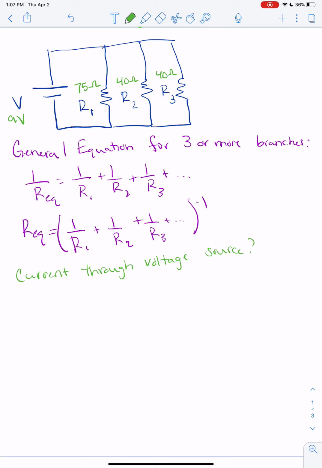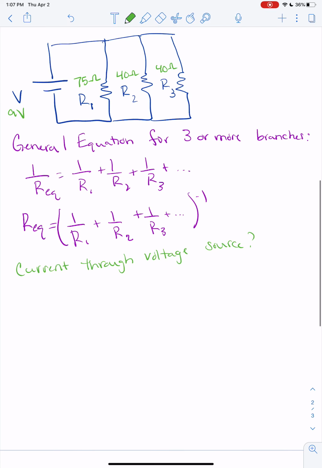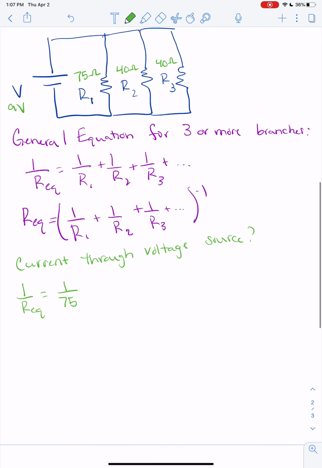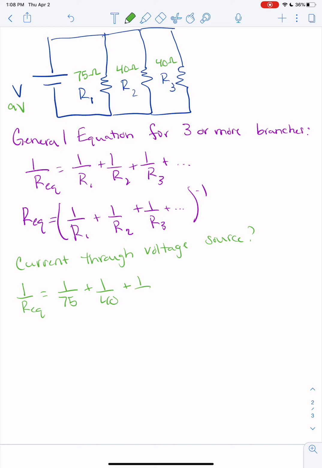Okay, so the first thing we're going to need to do is find that equivalent resistance. So I'm going to say 1 over REQ equals 1 over 75 plus 1 over 40 plus 1 over 40. Okay, so I get 1 over REQ equals, let's do some math really quick here, 0.63.